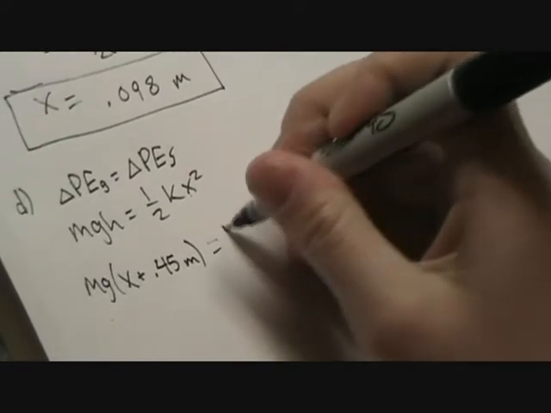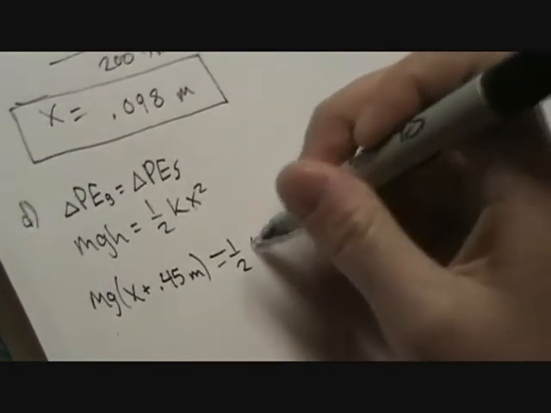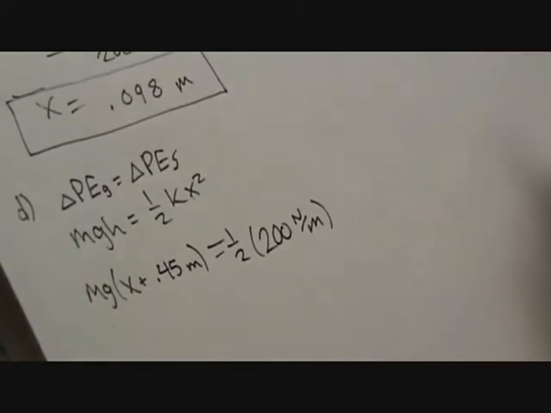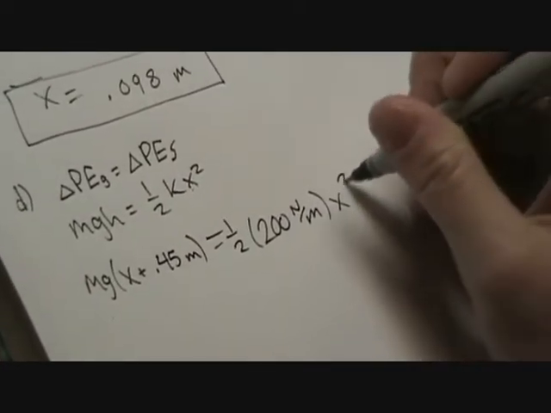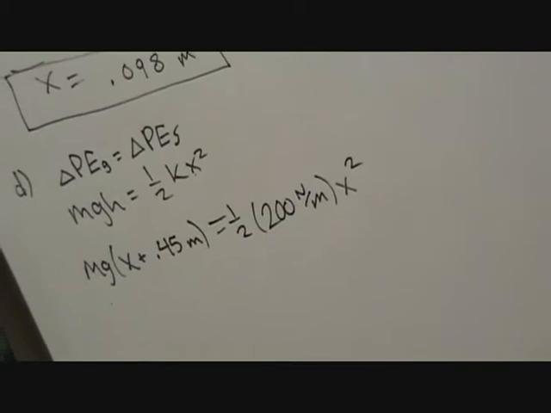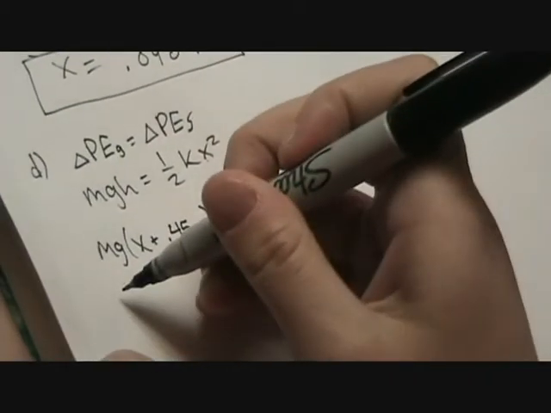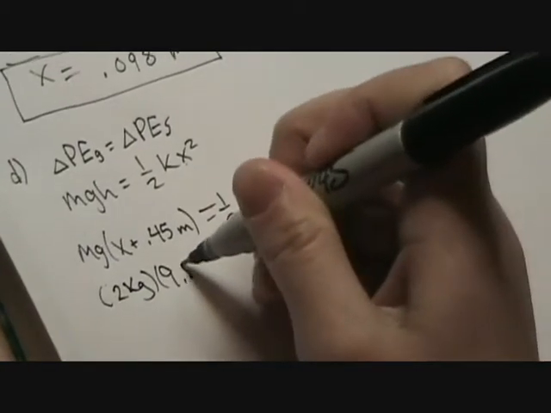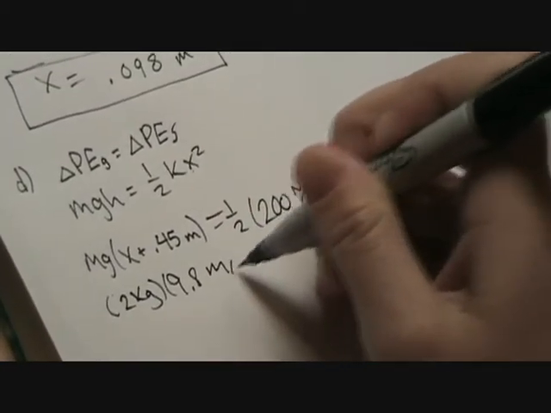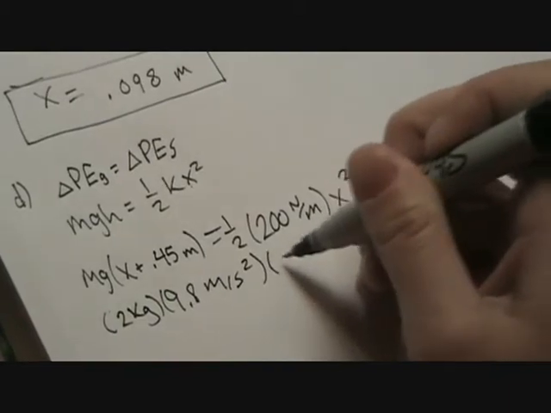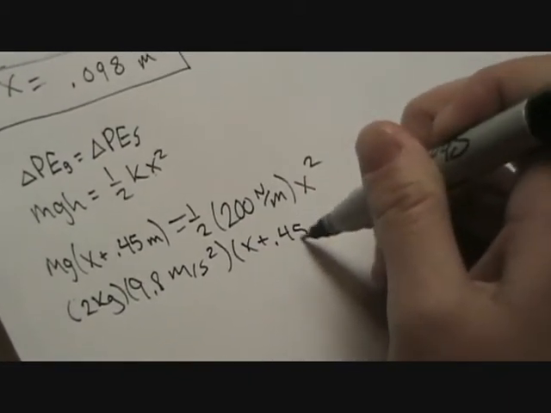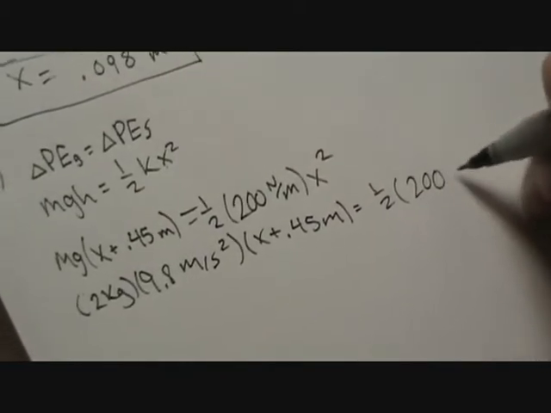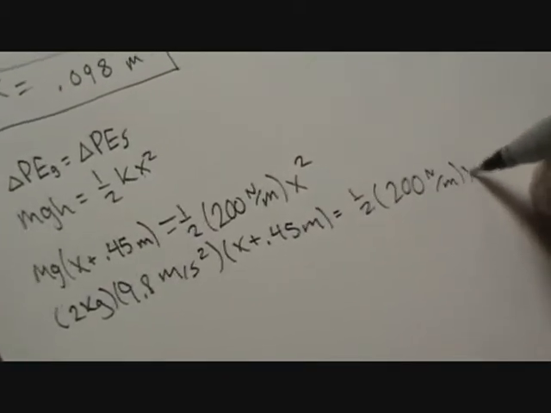So set that equal to 1/2 k, which is 200 Newtons per meter, x squared. So we'll plug in more values now. So 2 kilograms is the mass, 9.8 meters per second squared times x plus 0.45 meters equals 1/2 times 200 Newtons per meter x squared.